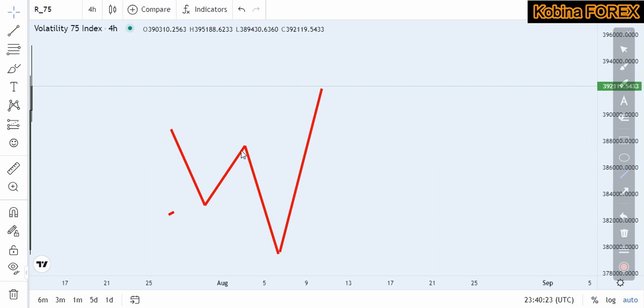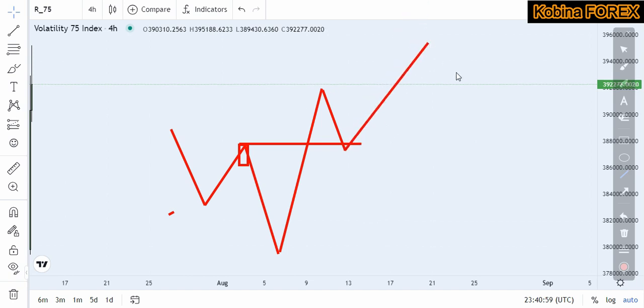Sorry, I was explaining from a wrong point. In this area, let's say we have an order block resting in here, and price doesn't respect it, breaches it and trades upwards. What we expect is that price has breached this order block, so price would trade back into that order block. Now that block is considered as the breaker. Then if price trades into that breaker, we expect the movement up.